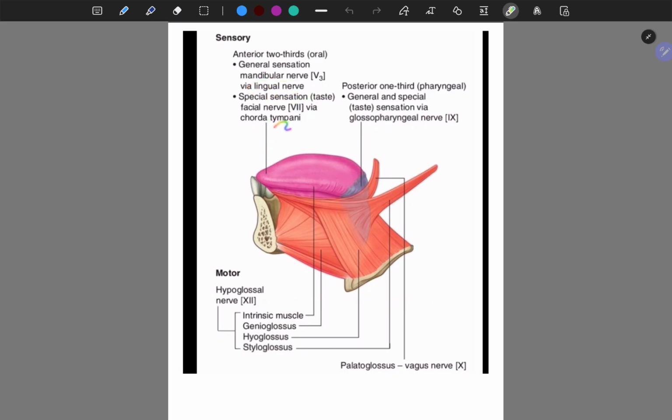Special sensation, taste, is via the facial nerve fibers, the chorda tympani, special visceral afferent fibers. The posterior one-third, from the pharyngeal arch, gives general and special sensation via the glossopharyngeal nerve, the 9th nerve.